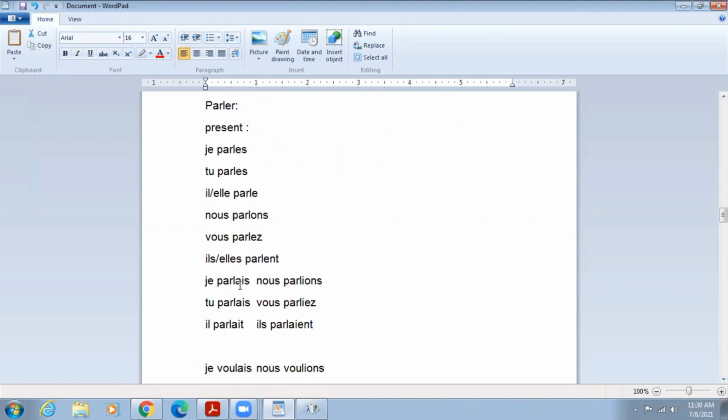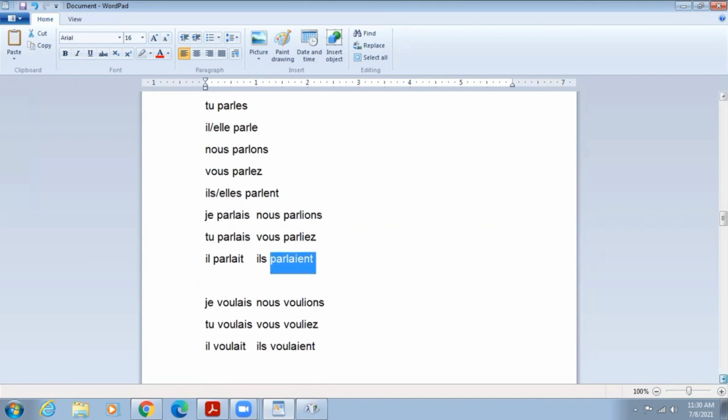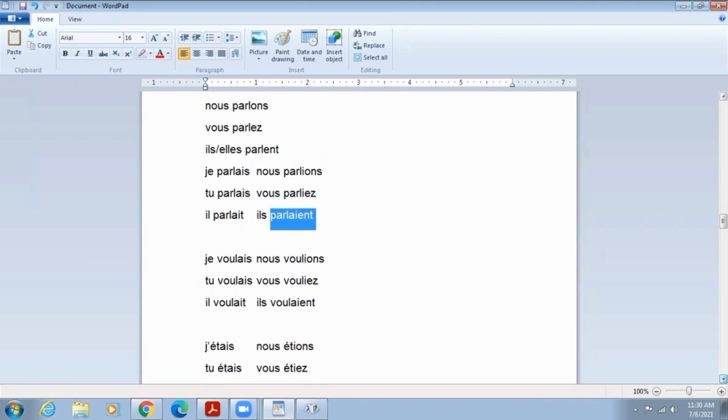So remove -ons, then je -ais, tu -ais, il -ait, nous -ions, vous -iez, ils -aient. Which means I used to speak or I was speaking, you used to speak, you were speaking. This is how we form the imparfait.